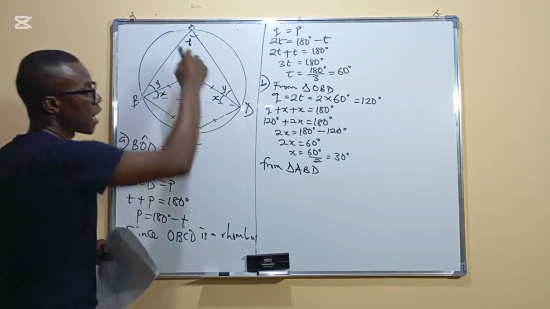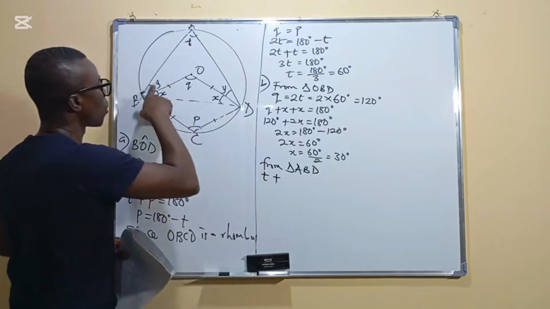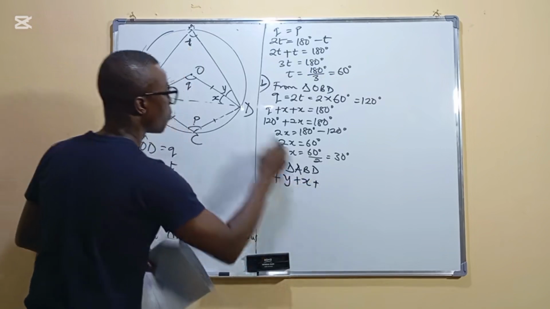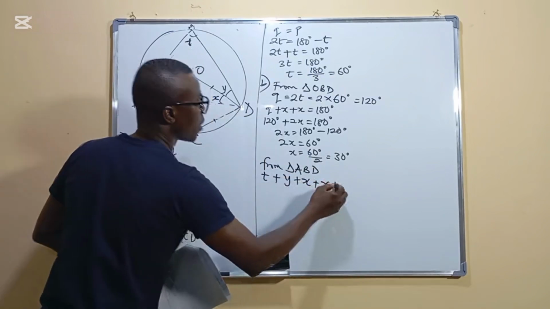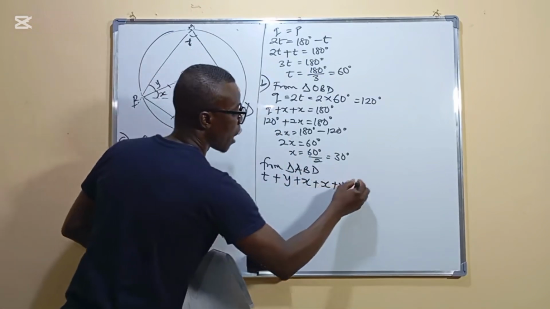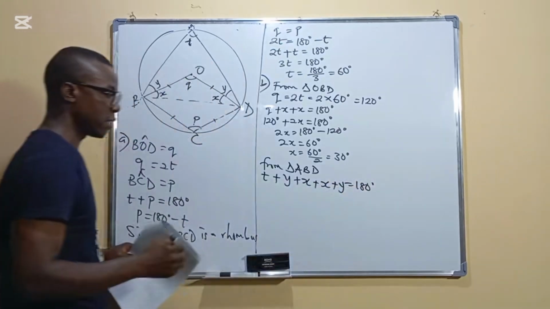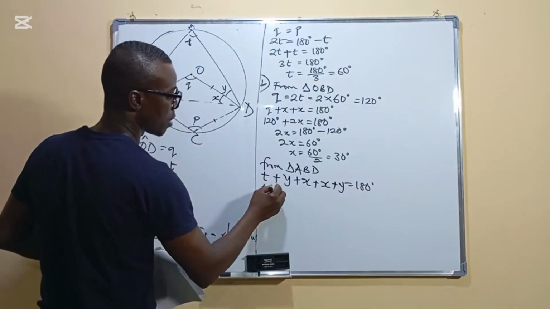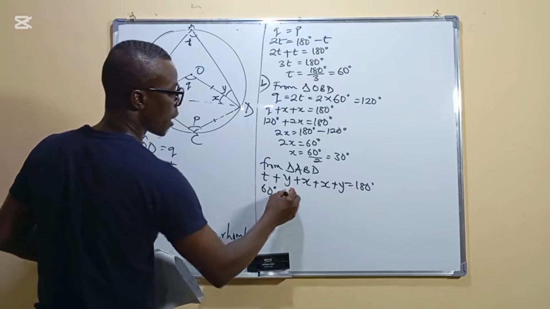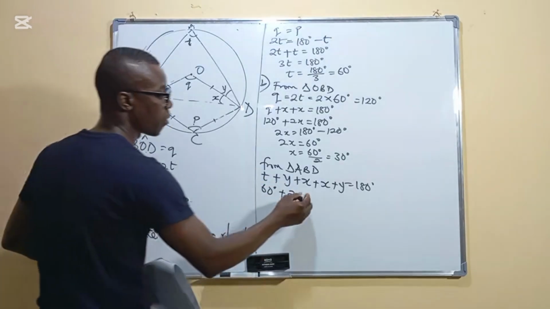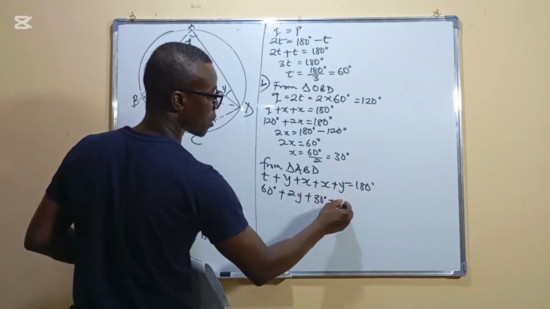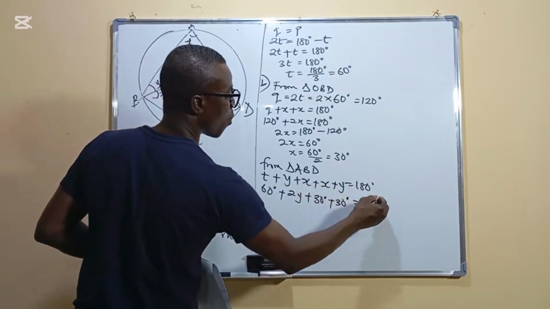Now all the angles, that's T plus y plus x plus x plus y, will give me 180 degrees. What's the value of T? We found that already, which is 60 degrees. Y plus this y gives me 2y, that is what I'm looking for. And x is 30 degrees plus this 30 degrees, giving 180 degrees.